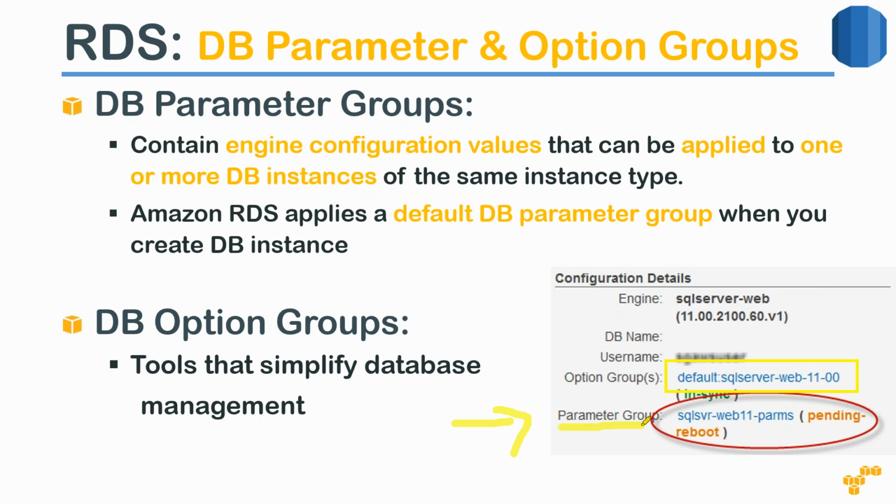To give an example, let us say you have started the database by default, and you find that the database is running on Indian Standard Time, and your customer says that you don't want your database to be running on Indian Standard Time, because all your customers are in the US region, and the US has different time zones, so you want to change the time zone parameter of your database now.